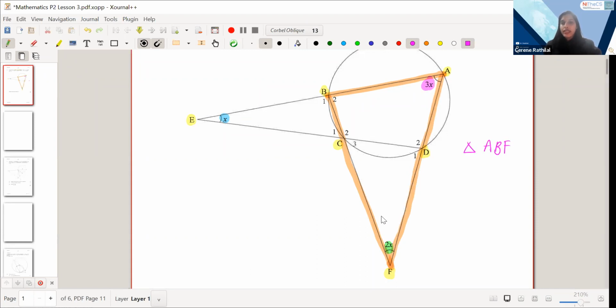We've got the 3x, we've got the 2x, and what we'd like to do is find out what is angle B2, because if we know what angle B2 is, and if we've got a representation or description in terms of x, then shouldn't we be able to use that the sum of the angles of a triangle equals 180 degrees. So using that fact, we could then solve for x.